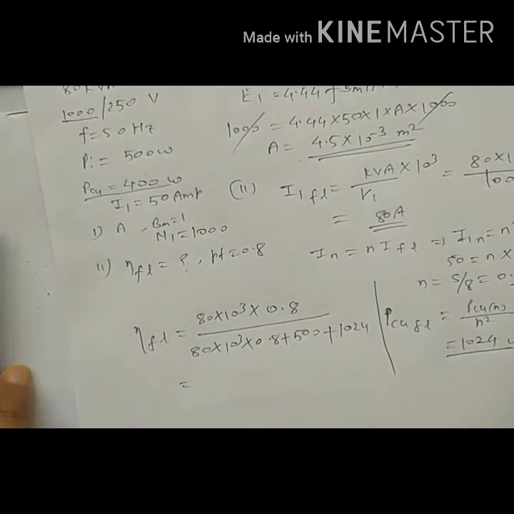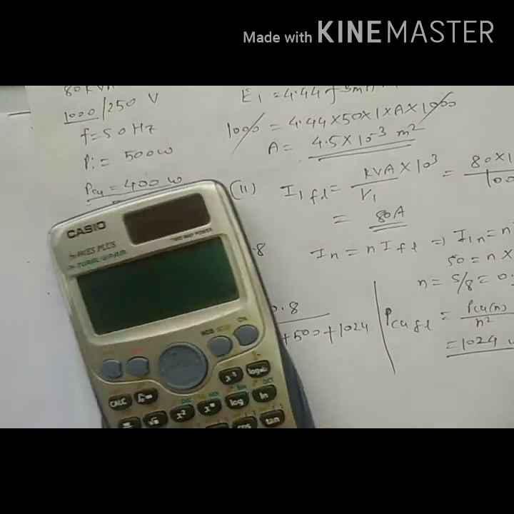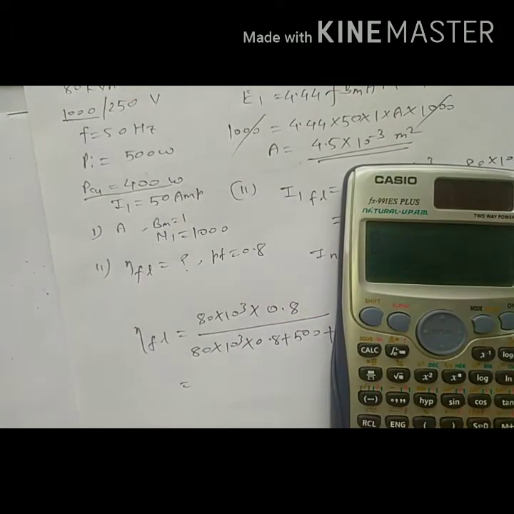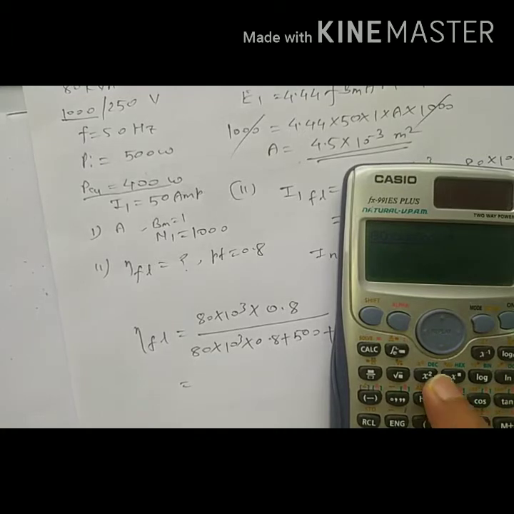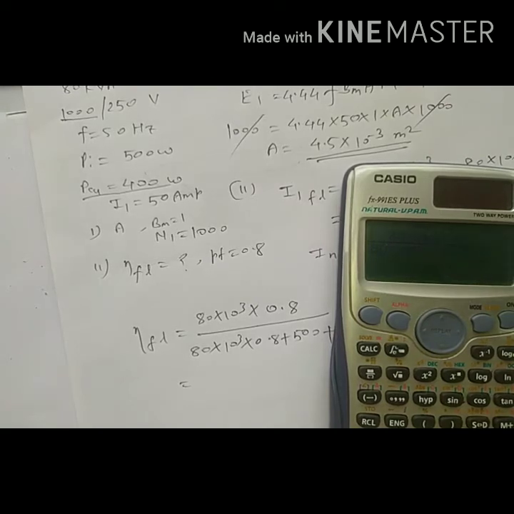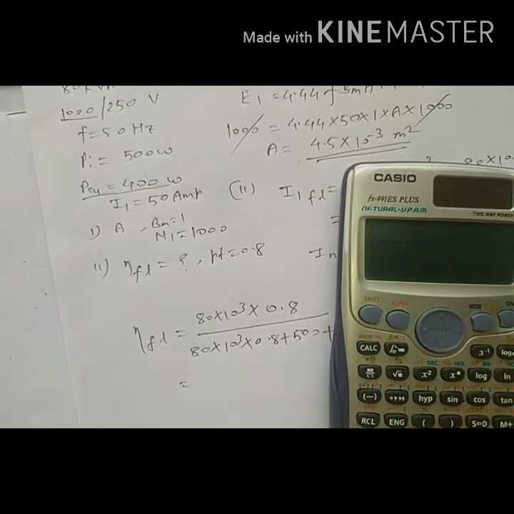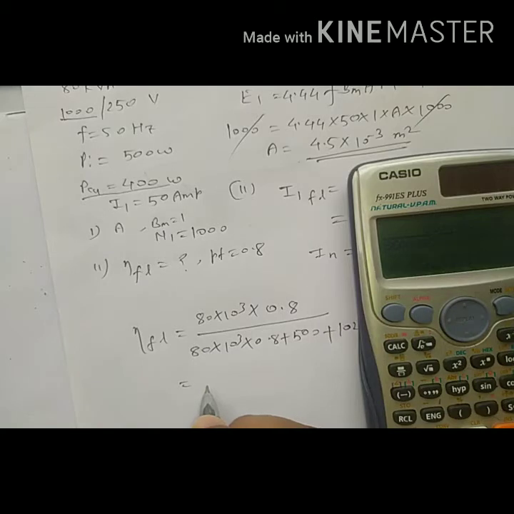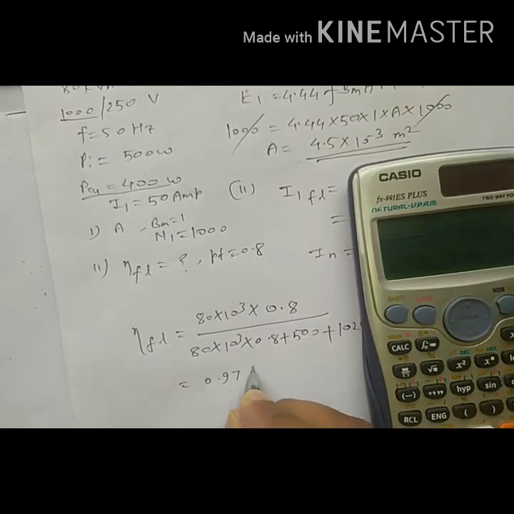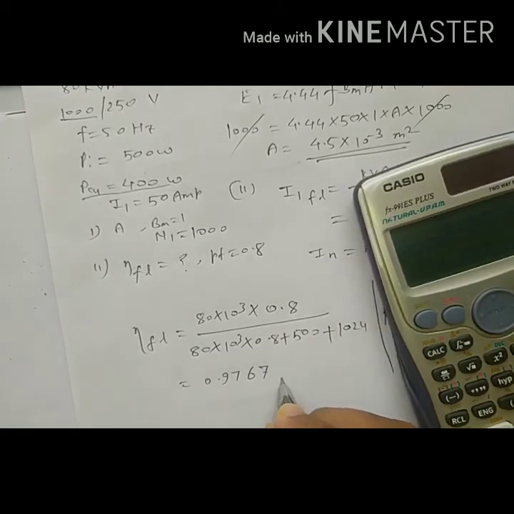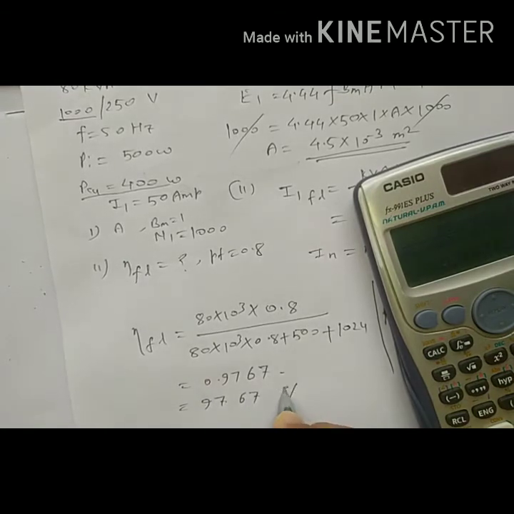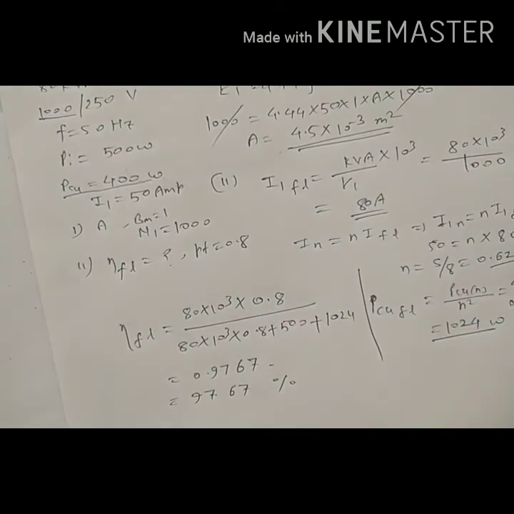So this comes as 0.9767, that is 97.67%. Right. Let us go for the next numerical.